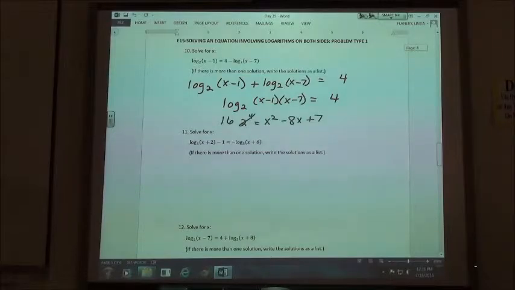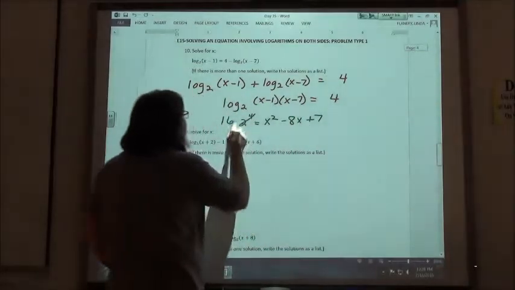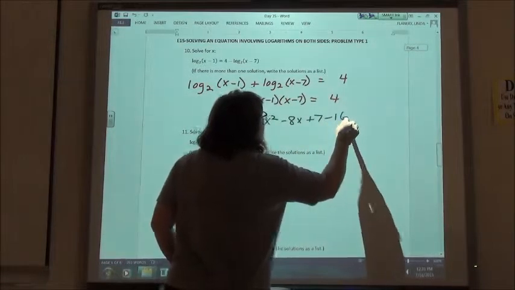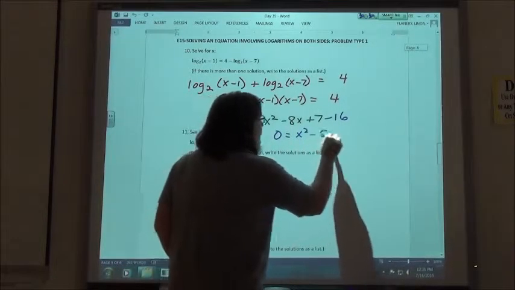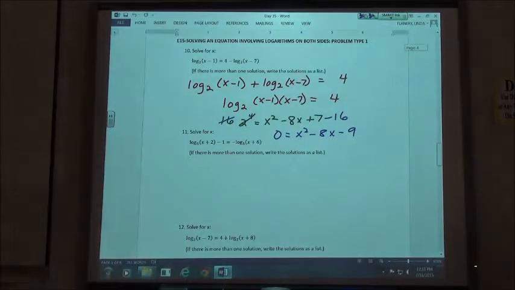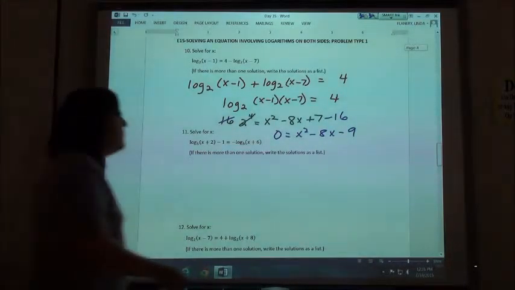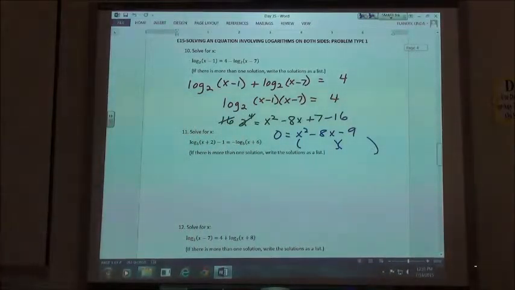And since we have a quadratic expression, we want to set it equal to 0 so we can solve by factoring. So we're going to go ahead and minus the 16 to move it over to the other side. So 0 is equal to x squared minus 8x minus 9 now. We can never get away from factoring. So if we factor that out, how does that factor?